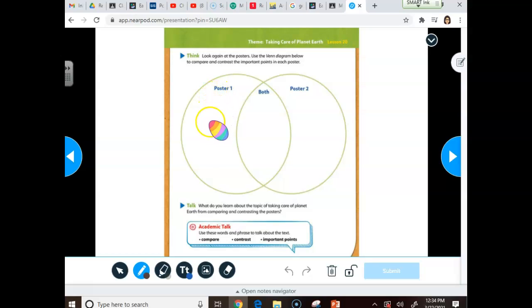So on the left side goes how poster 1 is different. How poster 2 is different will go on the right side. And how they are both the same will go in the middle. All right, so let's think. Let's compare them both. How are they the same? Let's put that in the middle.